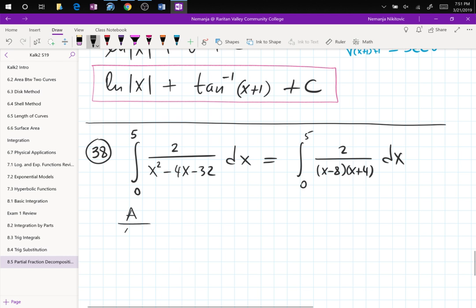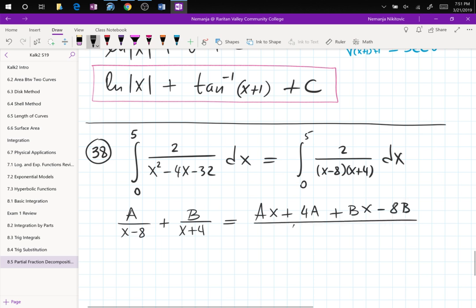A over x minus 8 plus B over x plus 4, which gives us Ax plus 4A plus Bx minus 8B, divided by x minus 8 times x plus 4.